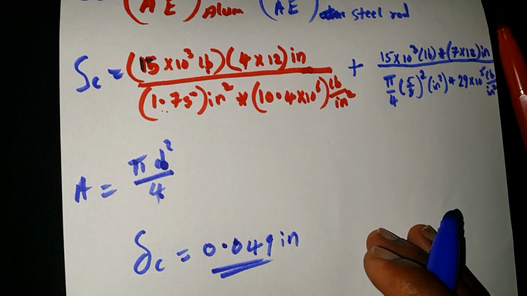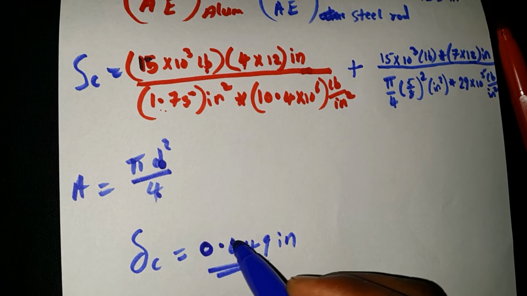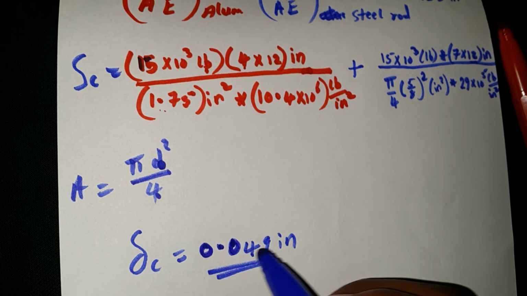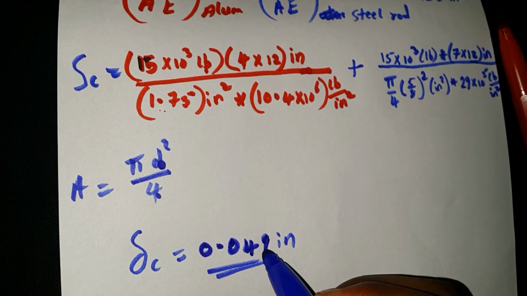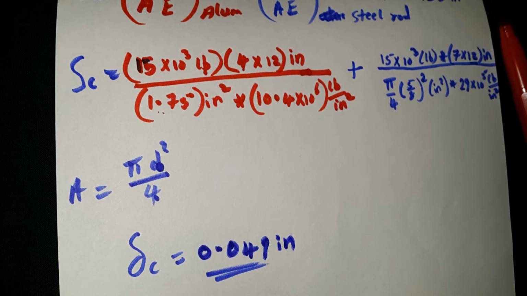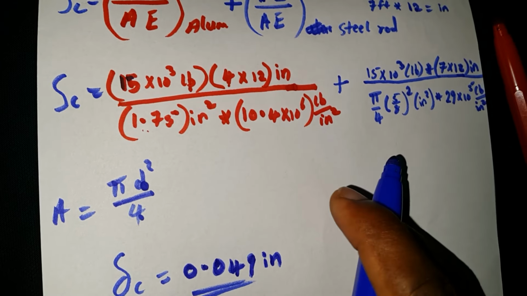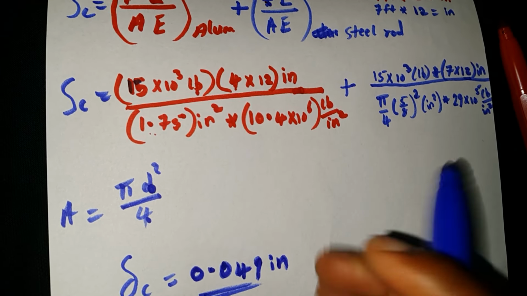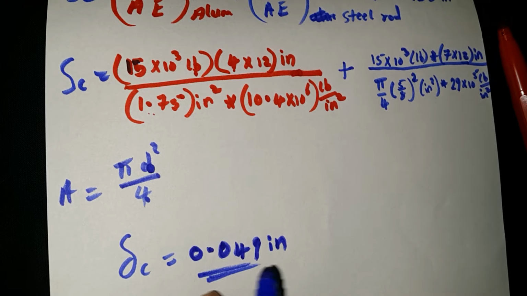As I told you in the previous video, this is always 0 point something. If you found anything that is more than 1, that means you have to check yourself. So it must be 0 point something. So now we found this.